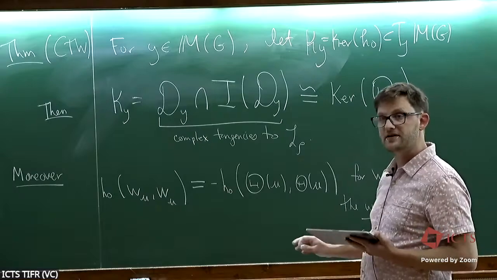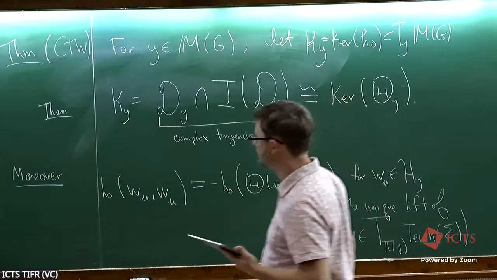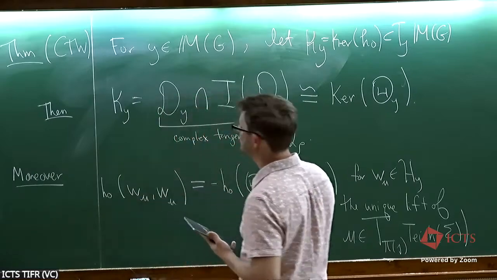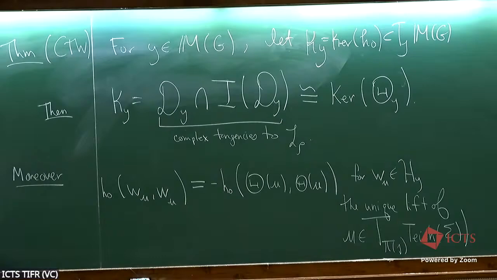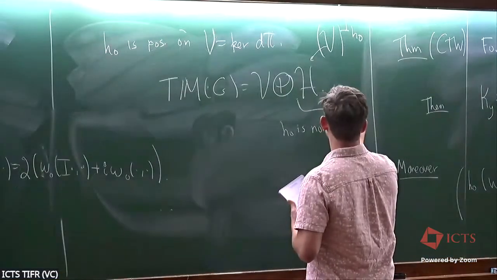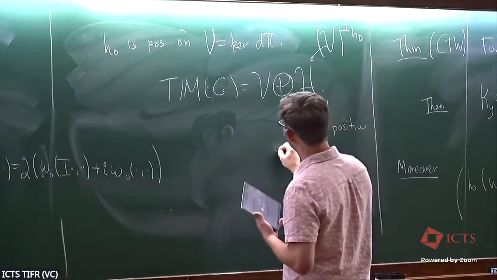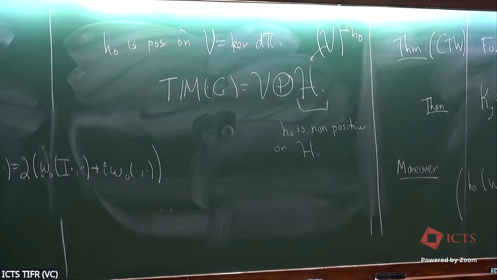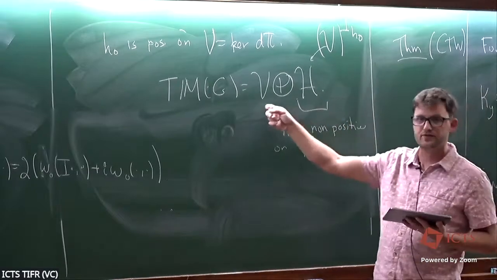Maybe let me just say what I wanted to say instead of all of the math that's on this board. The form H naught, so I know it's positive here, and what the second part is saying is that H naught is non-positive on the horizontal distribution. So even if it is non-degenerate, it's going to be negative in these directions that are transverse to the vertical phi.